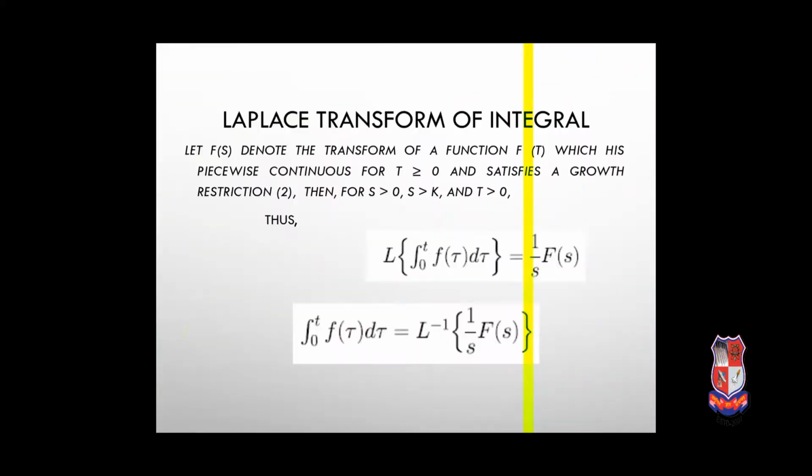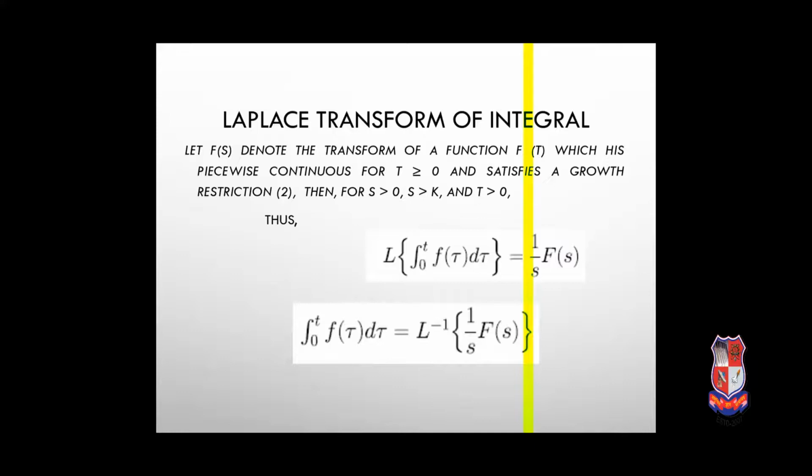Okay. Next is Laplace transform of integral. Let F of s denote the transform of a function f of t, which is piecewise continuous for t greater than or equal to 0 and satisfies a growth restriction.